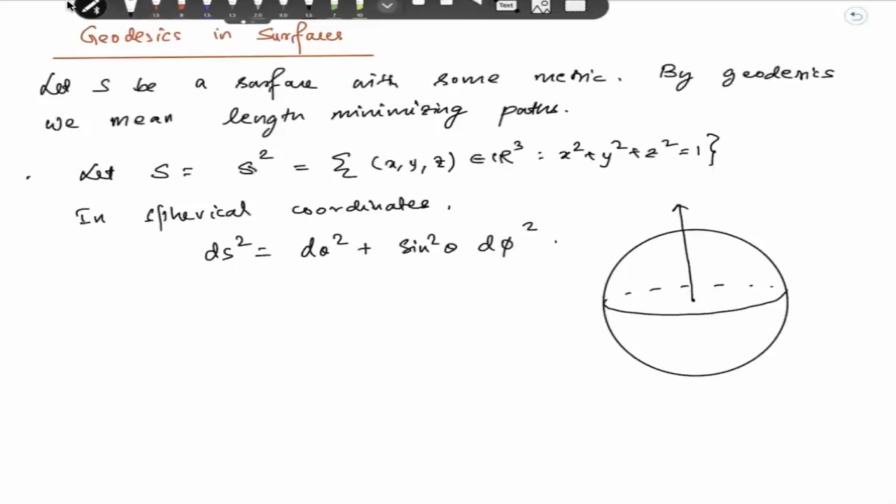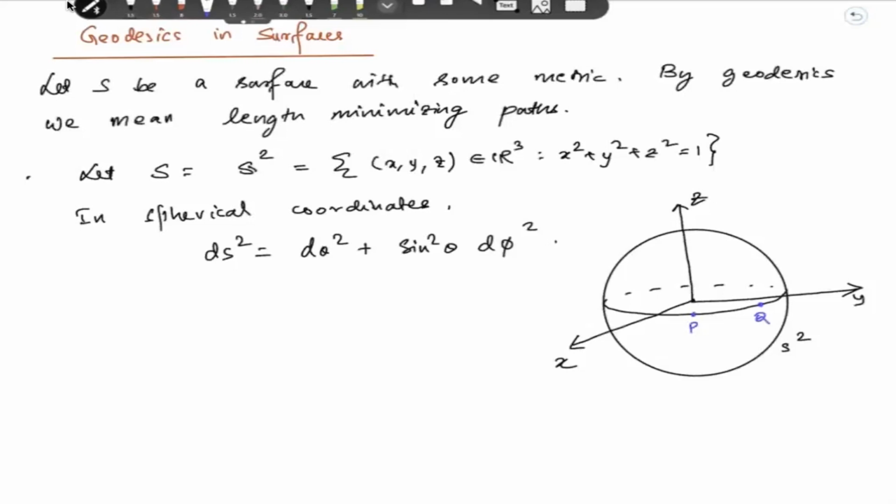This vertical axis is Z, suppose this axis is X, and this axis is Y. So this is my unit sphere S2. The intersection of S2 with this XZ plane will be my meridian circle. Let us take 2 points on this meridian circle, and call them P and Q.